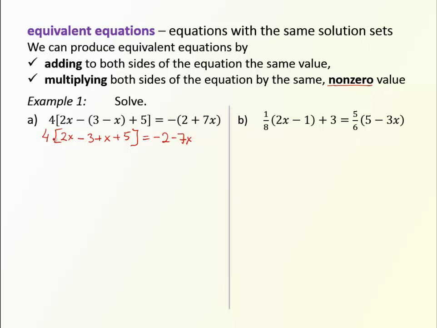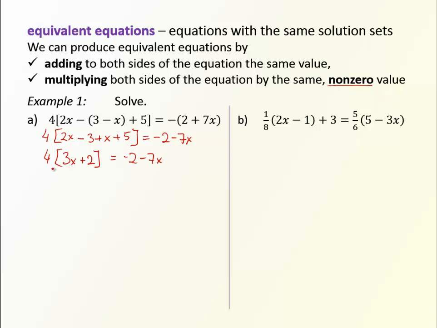Before you open the next bracket, please collect like terms first to make this expression smaller. So 2x plus x is 3x, 5 minus 3 plus 2, everything times 4 equals -2 minus 7x.